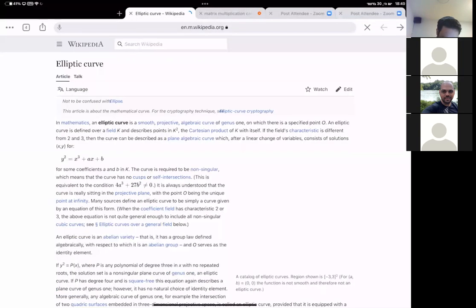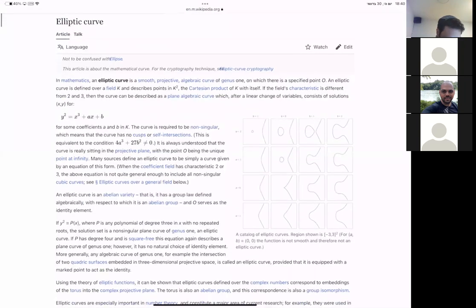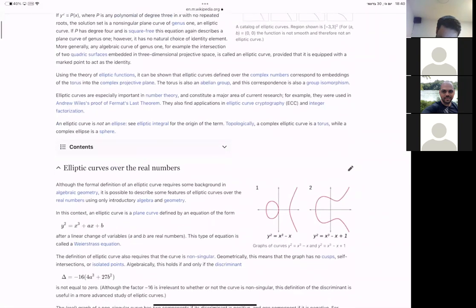Maybe they show it this way. Okay, this is an elliptic curve, and what you see here on the right is over R. But how does it look over a finite field? You see here are different choices of little a and little b.